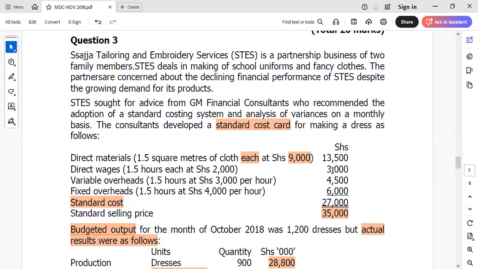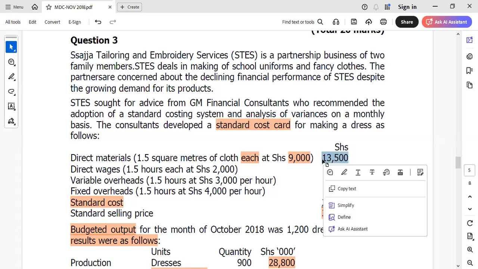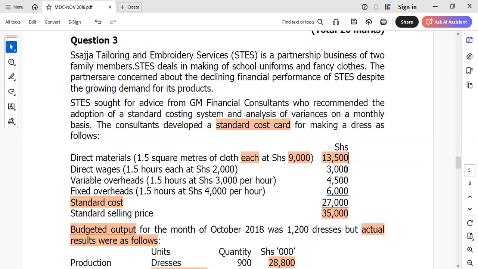Students normally make the mistake of considering this one, which is wrong. This 13,500 is the material cost per dress, not the material cost per square meter.